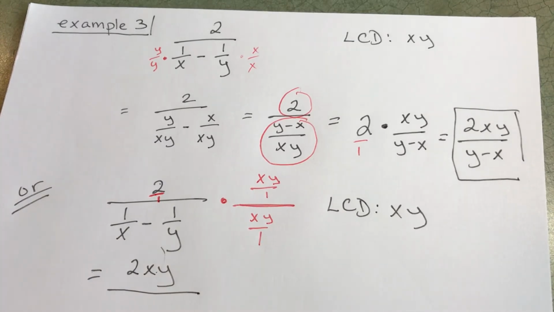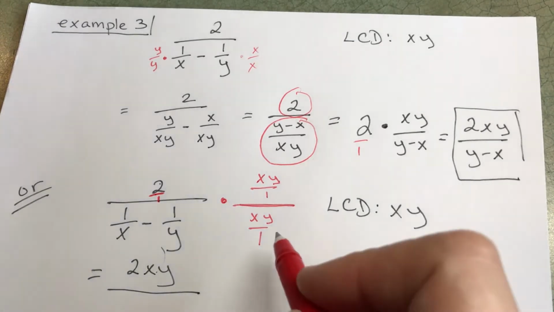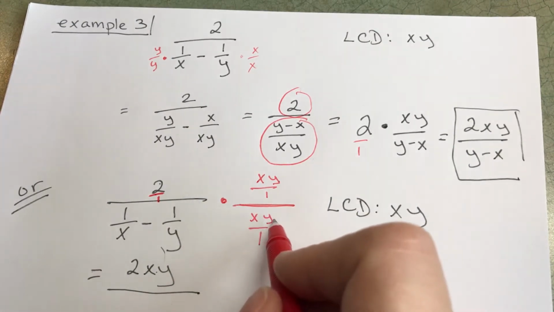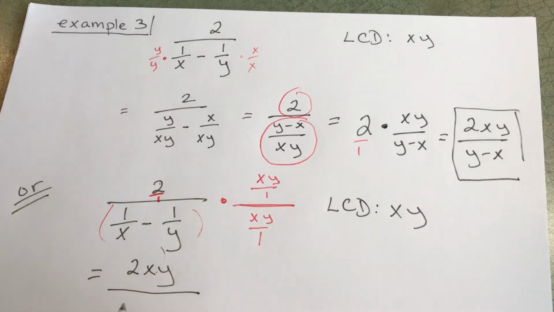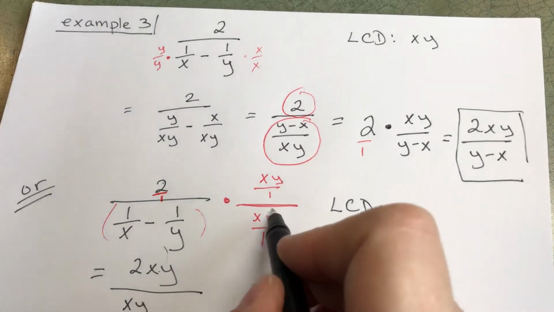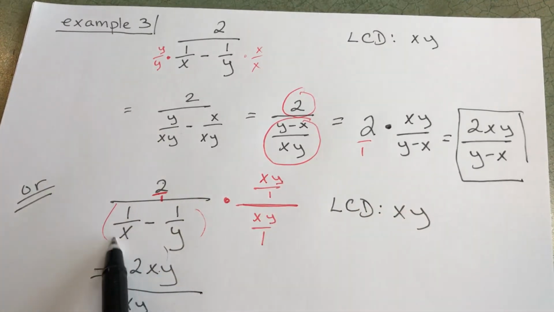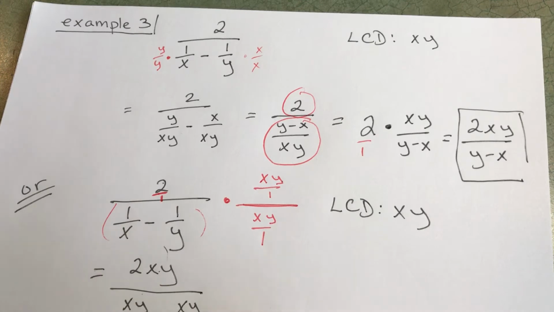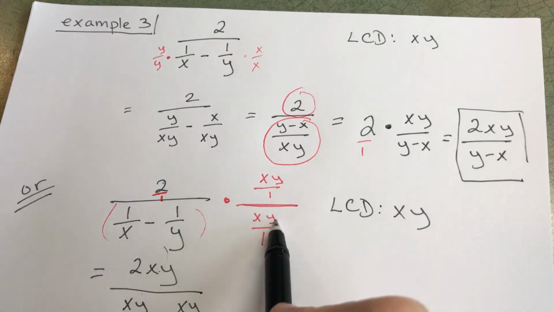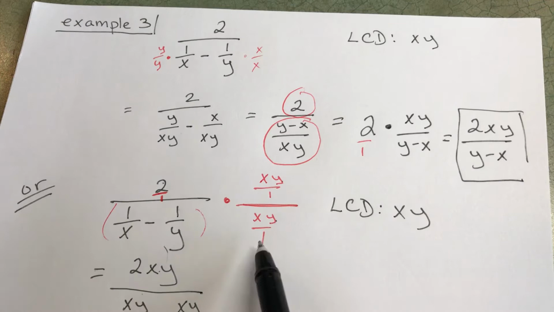And then in the denominator, if I distribute this to both of these, then I have xy times 1 over x, which is xy over x, minus xy over y. Xy times 1 is xy, 1 times y is y.